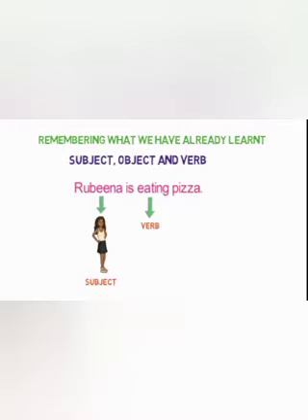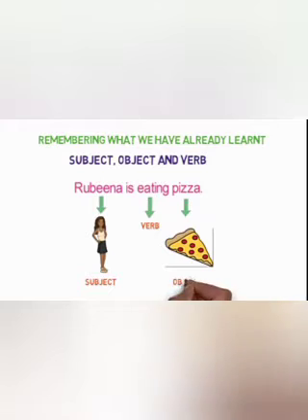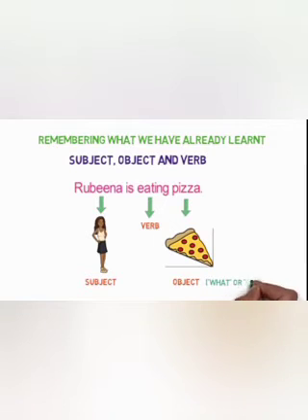So, eating becomes the verb. And what is she eating? She is eating pizza. So, pizza becomes the object. And students, please remember, to identify the object, we use questions like what or whom.